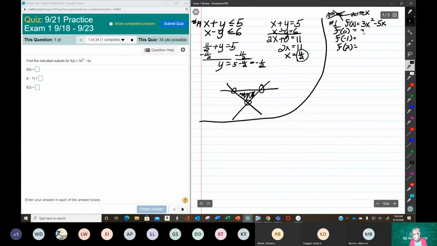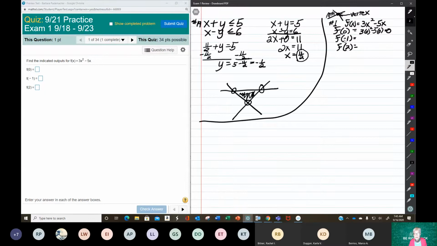Okay, so here we're going to say 3 times 0 squared minus 5 times 0. That's going to be 0 minus 0, which is 0. So whatever number is in the parentheses, you put in for the x over here, and you calculate an answer.